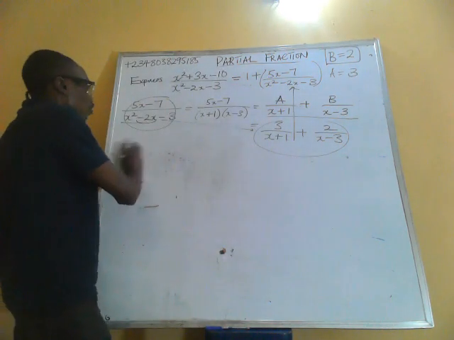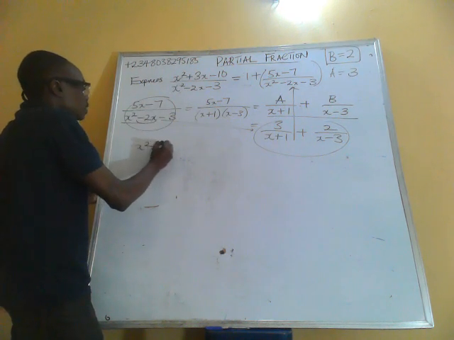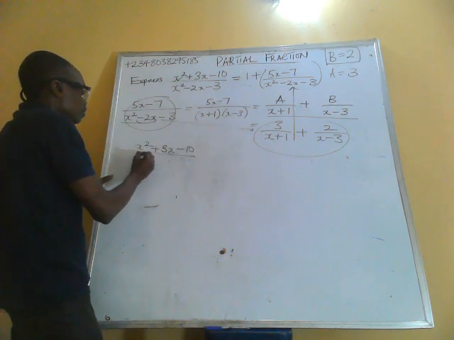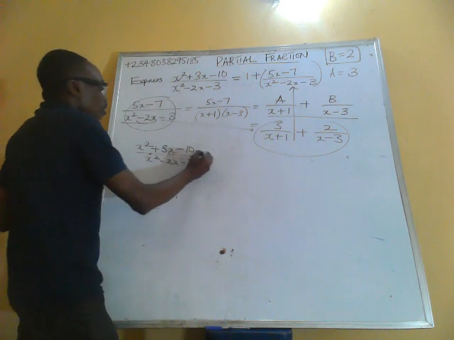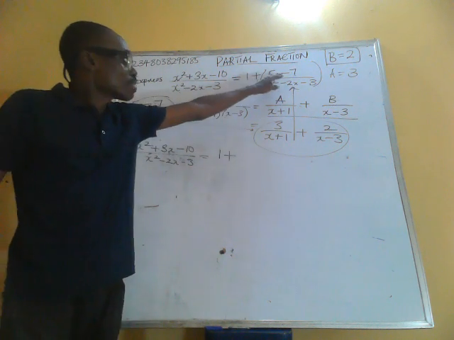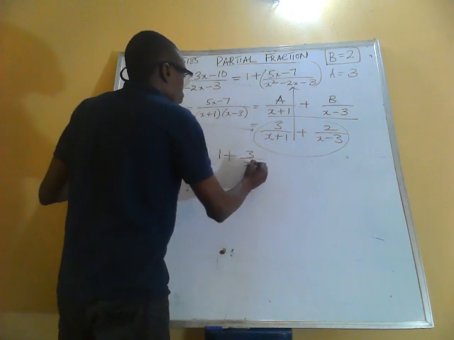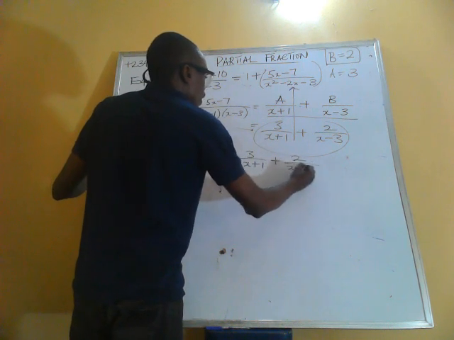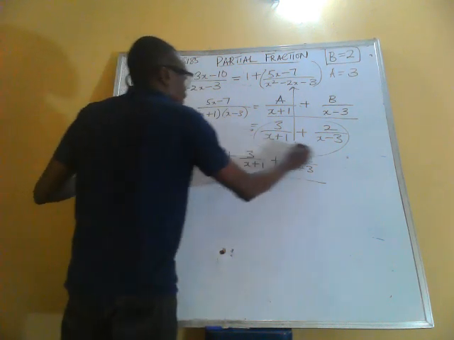So for us to factorize x squared plus 3x minus 10 all over x squared minus 2x minus 3, we are going to have 1 plus, just like here, 5x minus 7 over, which is 3 over x plus 1 plus 2 over x minus 3. So this is our final answer.